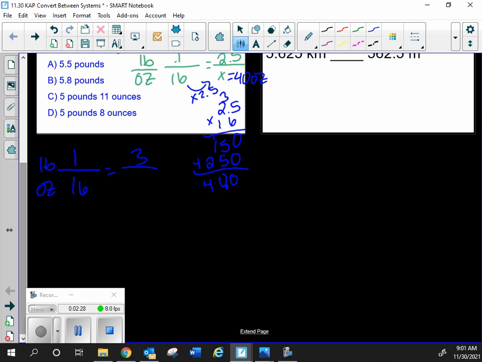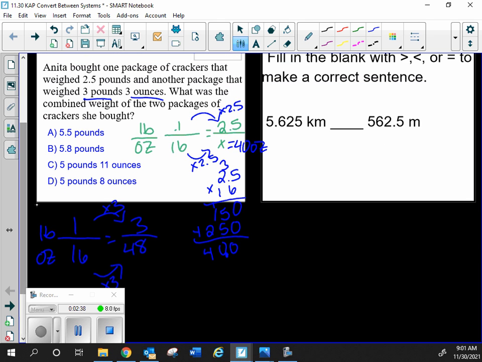If I have 3, that's going to be 16 times 3. Do y'all know what 16 times 3 is? 48. Very good. But it's not just 48 because it's 48 and another 3. So that's going to give me a total of 51. Am I done? No, I still need to add 51 and 40, which is 91 ounces.